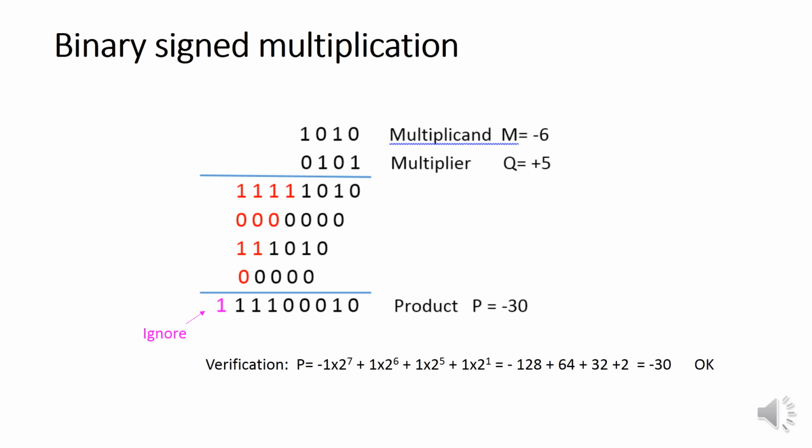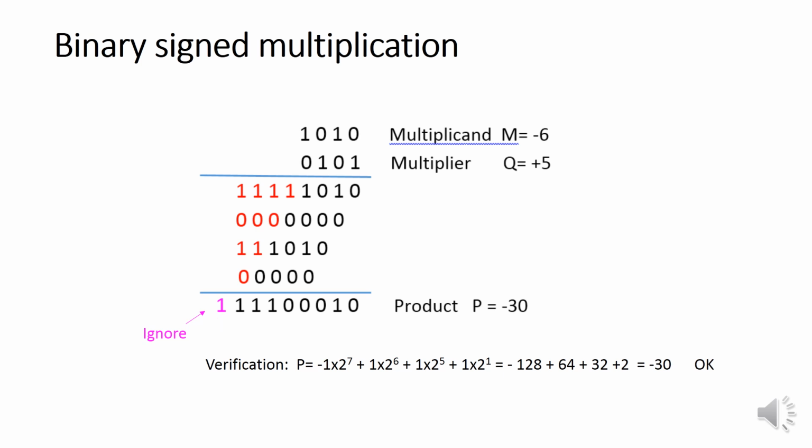Remember, with the sign extension, the value of the number remains the same. Note that the vertical sum of the last column produces a carry which is out of the 8 bits. So, this bit is ignored.